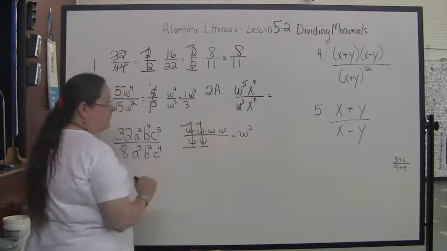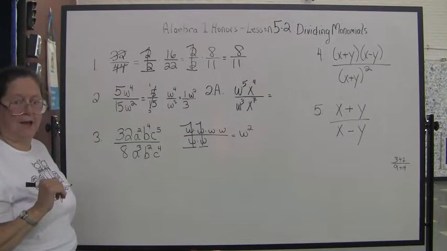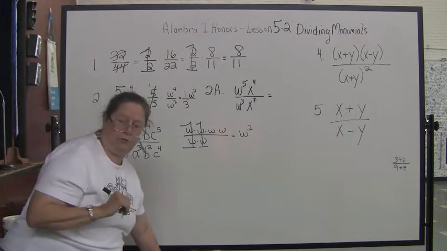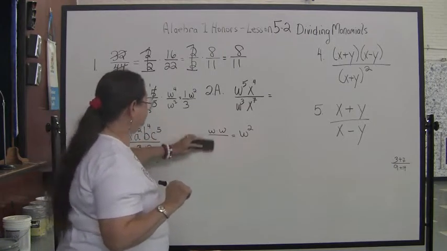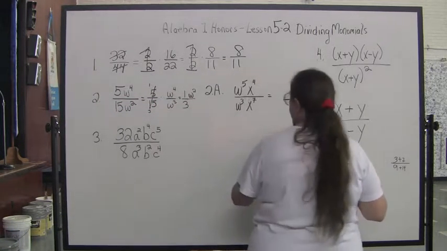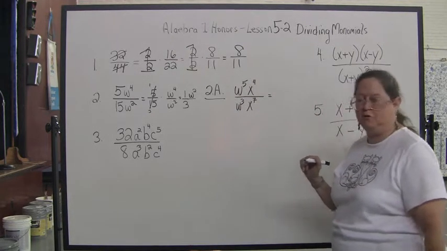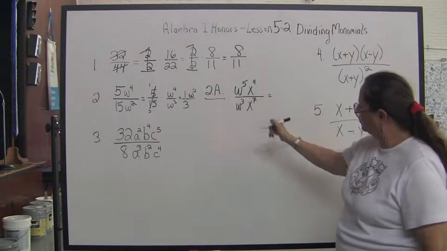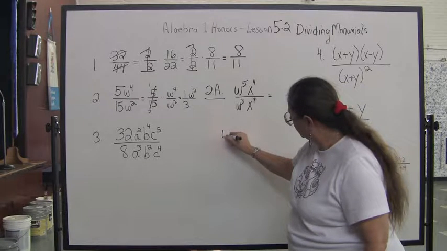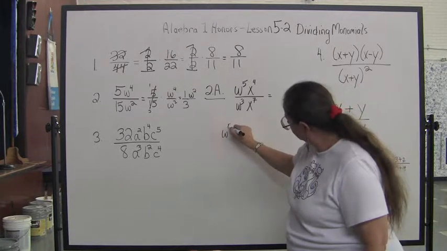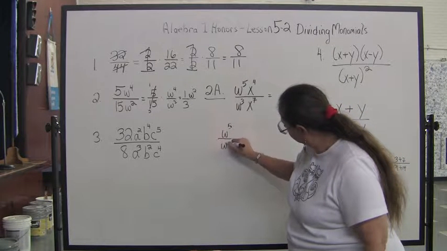Okay? Now let's do one more and then see if you see a pattern here that we might be able to use. Let's do number 2A here, one I inserted at the last minute. So here we're going to have 5 W's. So I'm going to break this up in my head like this.